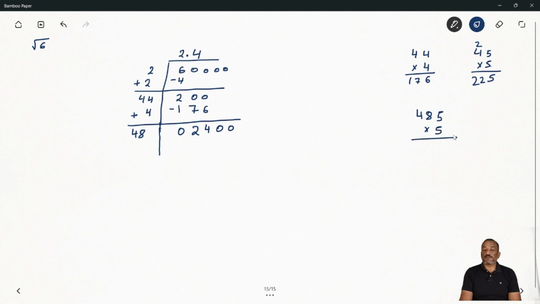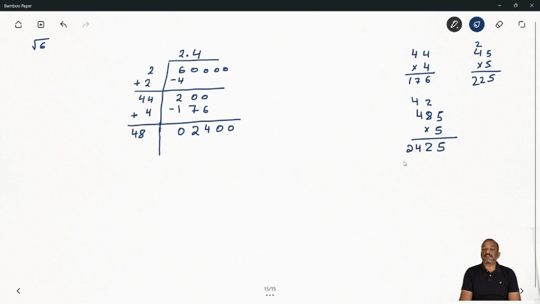So 5 times multiply, so 5 times 5, 25, carry 2, 5 times 8 you will get 40 plus 2, so how much you will get? 42, and carry 4, so 5 times 4 you will get 20 plus 24.